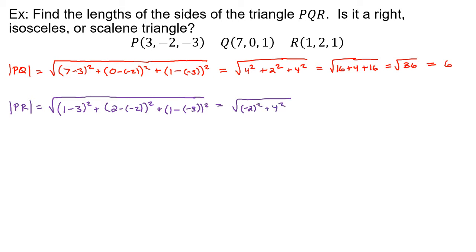And 1 minus negative 3 again is 4, so I get another 4 squared. I actually get the exact same thing I had above this. I'll have a 4, a 16, and a 16, which again is square root of 36, which is 6.